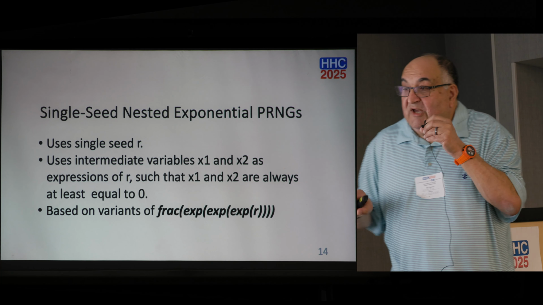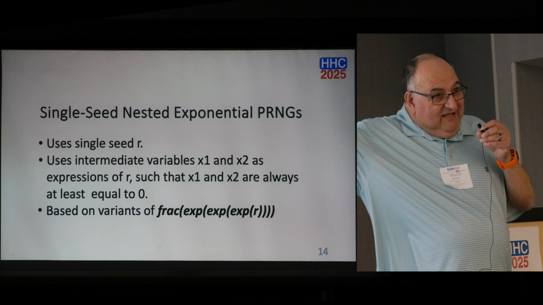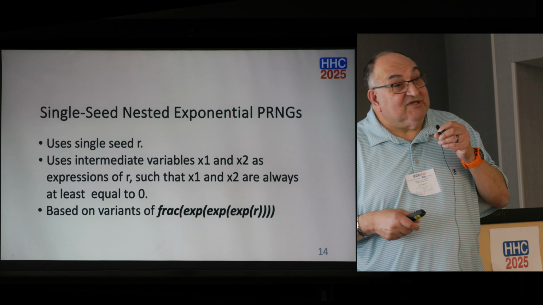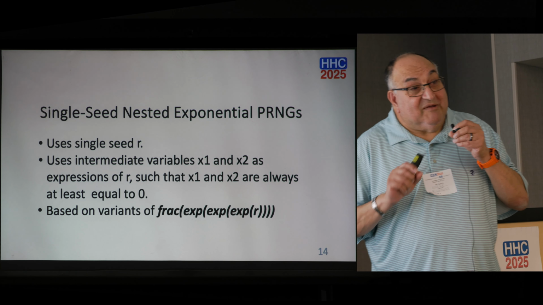This is based on a variant that I played with on the calculator, fraction of exponential of exponential of exponential. The preliminary test showed it's a good test, but when I did the penalty factor, it jumped high. So I figured it was a good idea, but maybe a variation of it will give me good results, and it did.